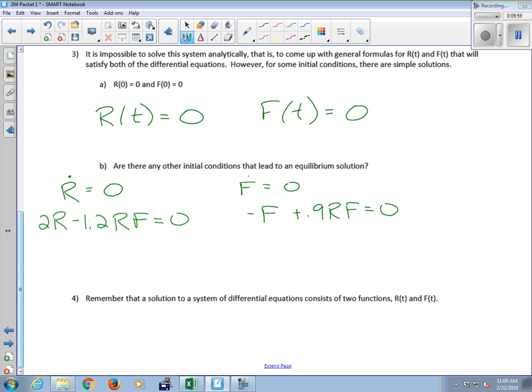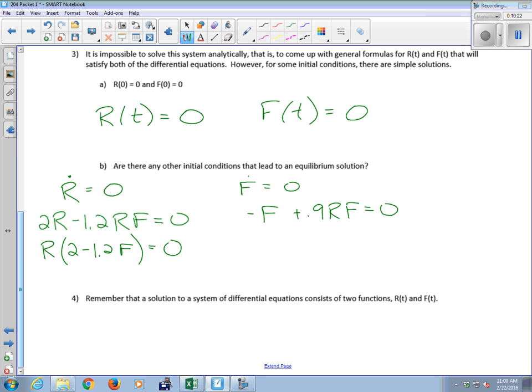So I'm going to try to solve this. Unfortunately, it's not linear, so you can't use linear algebra to solve it. But a nice thing happens in these equations: in the first one, there's an r in both terms that I can factor out. So I'm left with r times (2 minus 1.2 f).